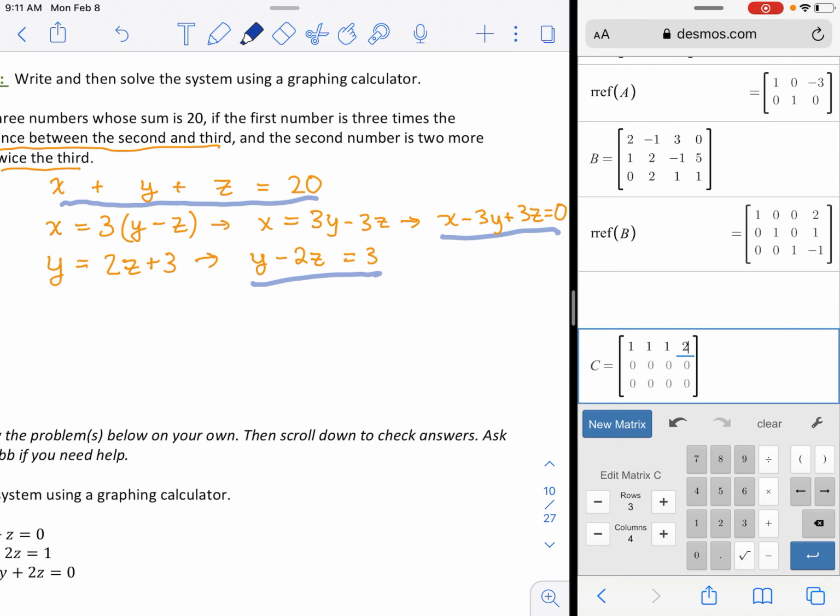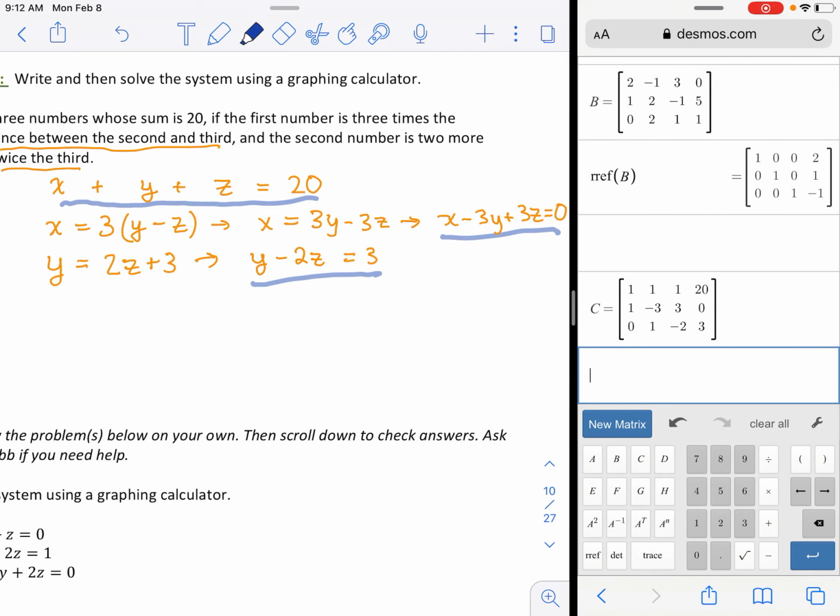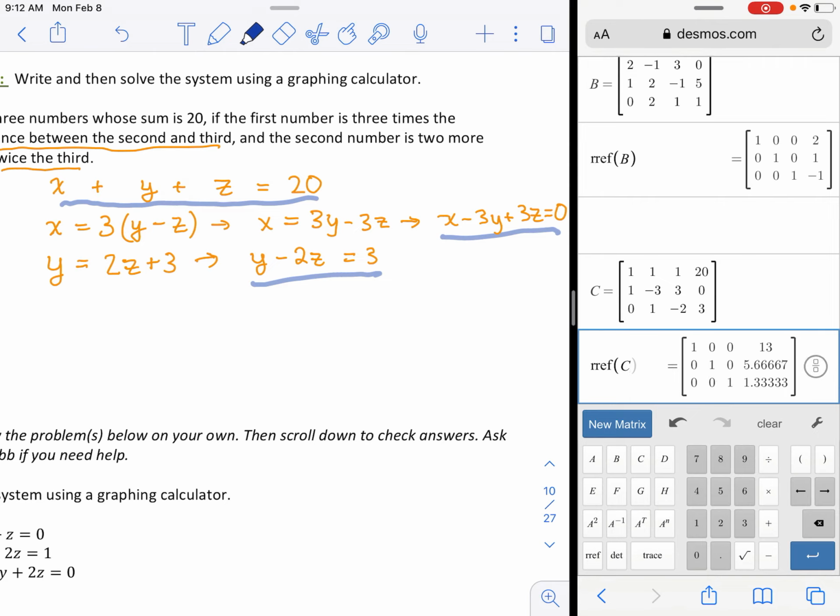You could just arrow from one to the next. 1, 1, 1, 20. Then 1, -3, 3, 0. Don't forget your placeholder 0 for x in the last equation. Boom. Put that in row-reduced echelon form for matrix C.